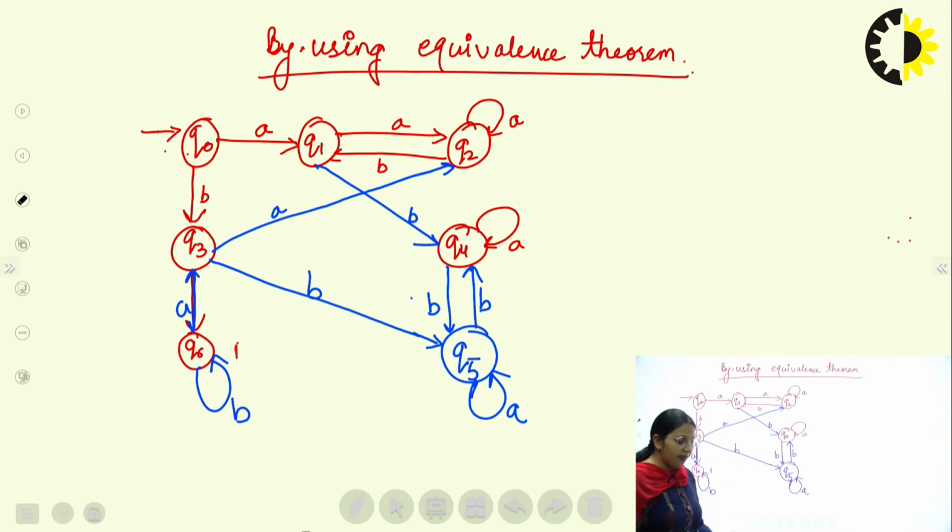So this is the DFA which we are going to minimize. How can we minimize it? By using the equivalence theorem.